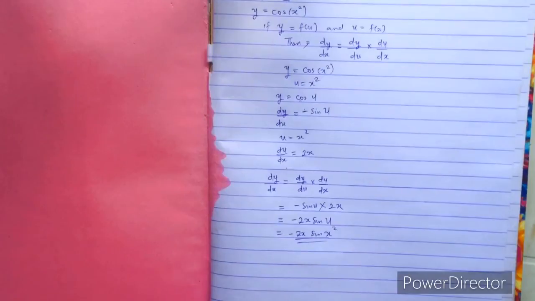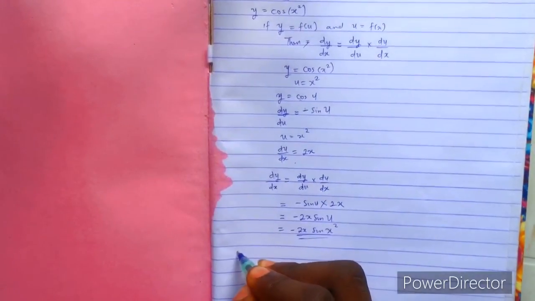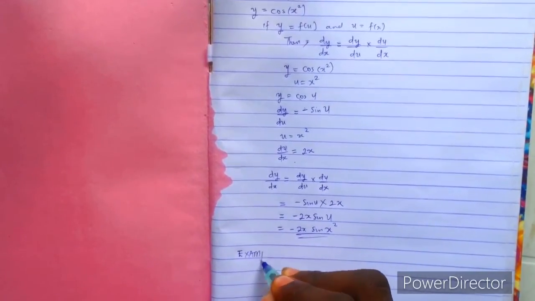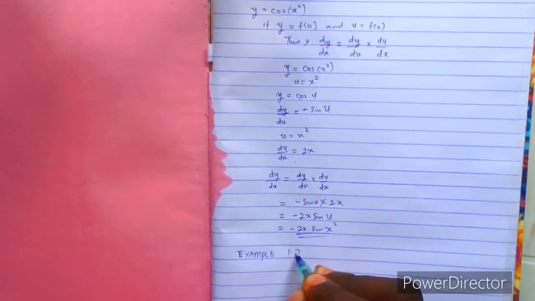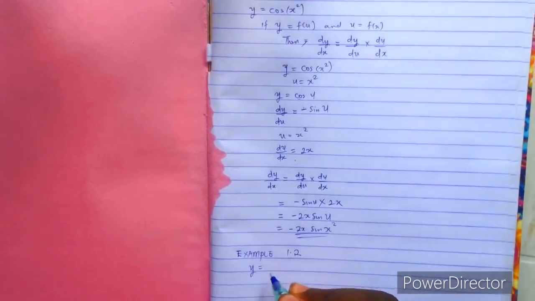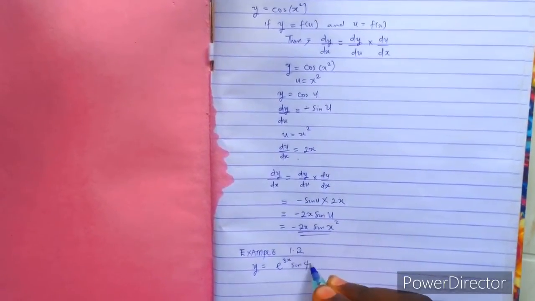Alright, so that is that. Example 1.2. So the question is y equals e to the power 3x times sine 4x.